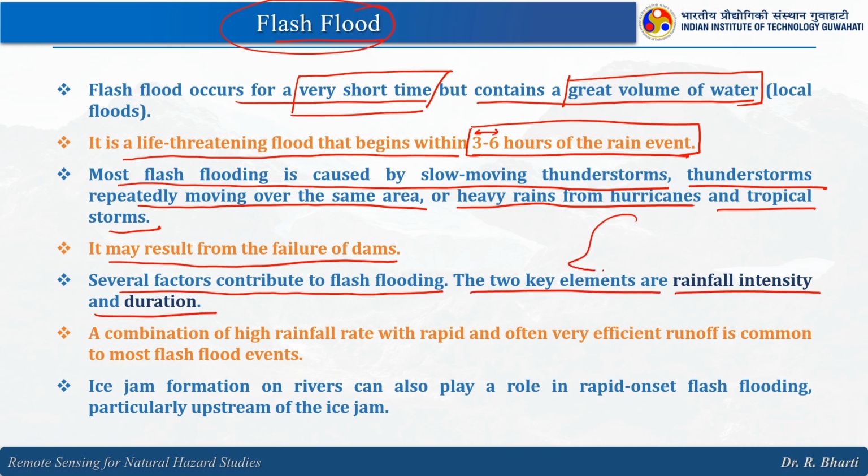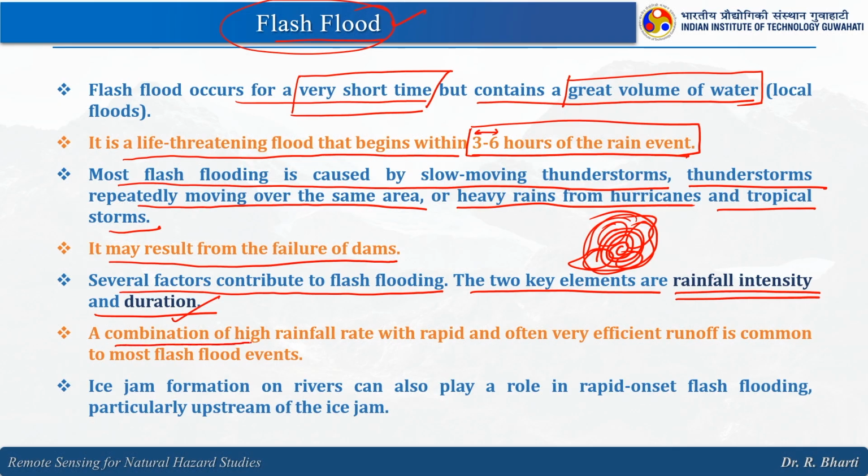As we discussed, if suppose this is the area and the thunderstorm is moving into this particular region, what will happen? You will be receiving more water, right. So if the rainfall intensity is high and the duration is long, you will have this flash flood scenario.